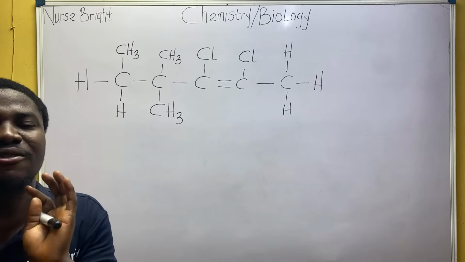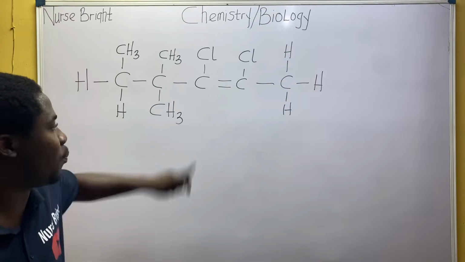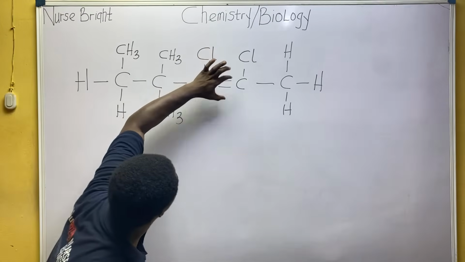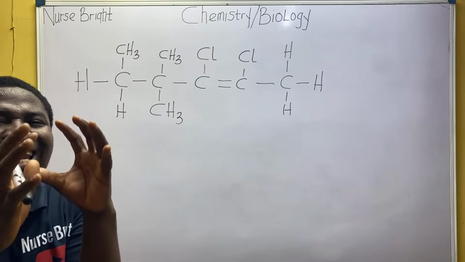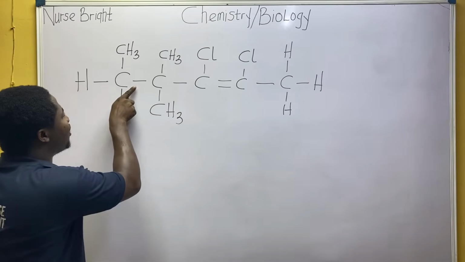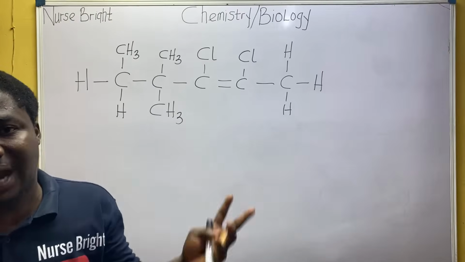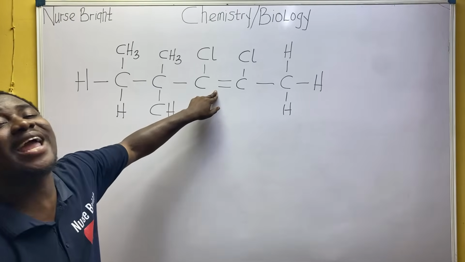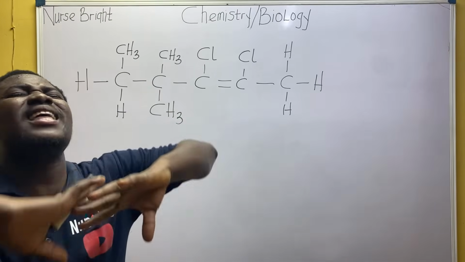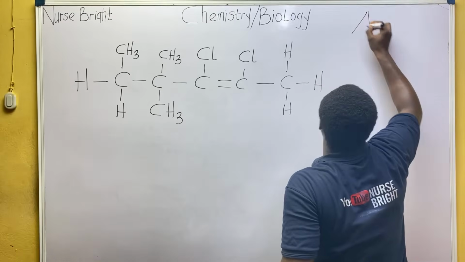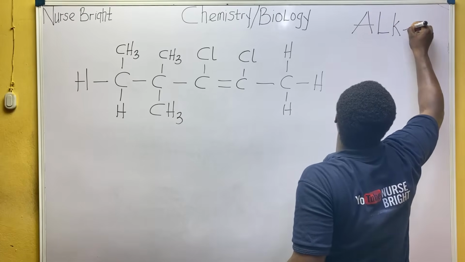All this is a big statement. Relax. I can see the functional group in this compound, and the functional group of this compound is this double bond. Functional groups are things that are special. If you observe, there are single bonds connecting some of the carbons, but at this point you saw a double bond. Hence this compound belongs to a family, or a homologous series in chemistry.